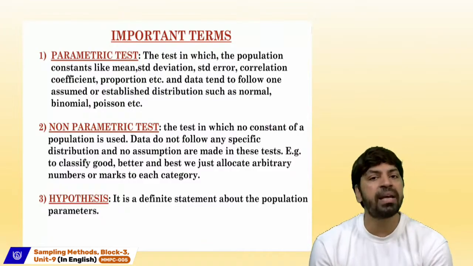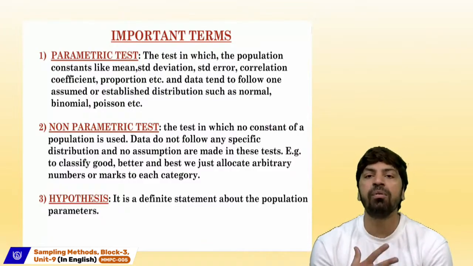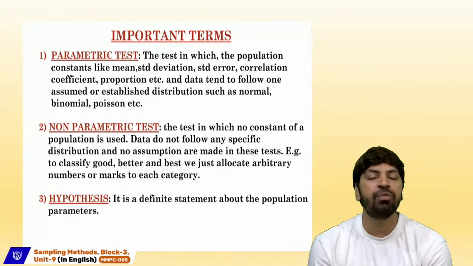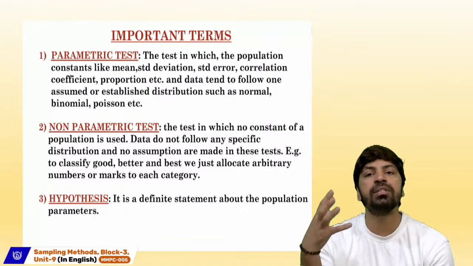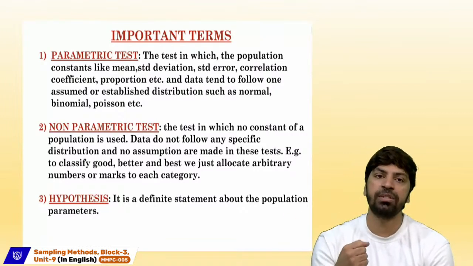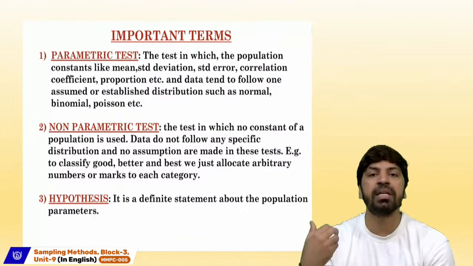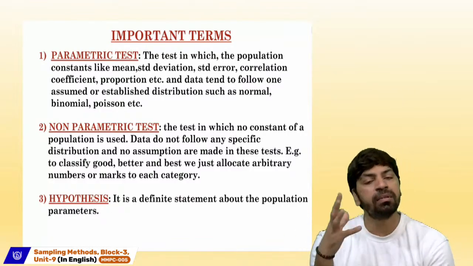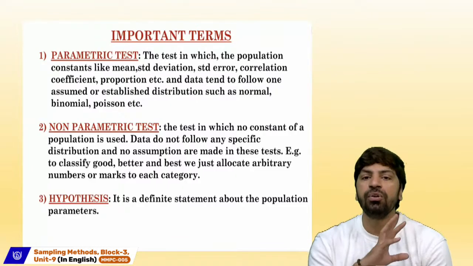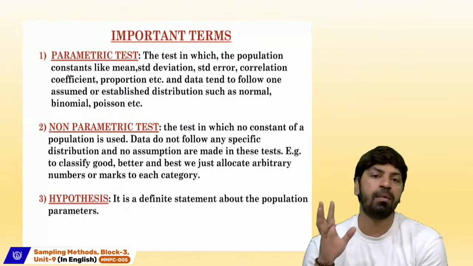And a non-parametric test is one in which no constant value of the population is used, but in parametric tests all the constant values of the population are used, like mean, standard deviation, standard error, correlation coefficient, etc. In the non-parametric test, no constant value of the population, neither mean, nor standard deviation, nor correlation, will be used.